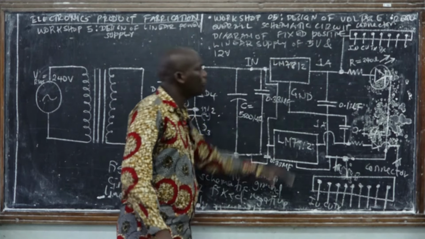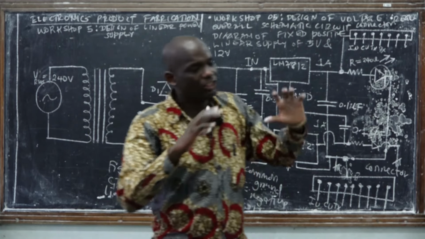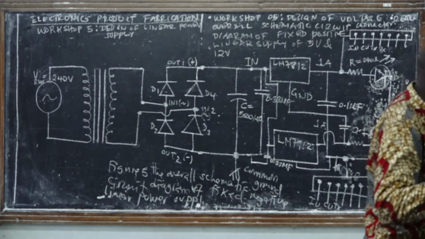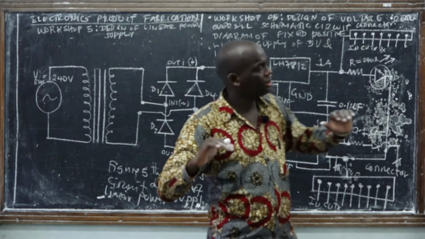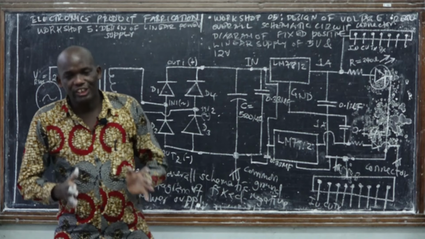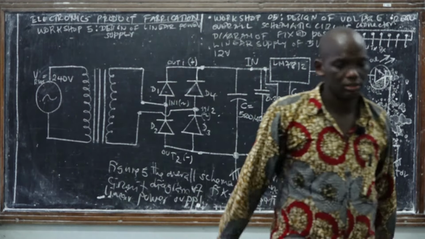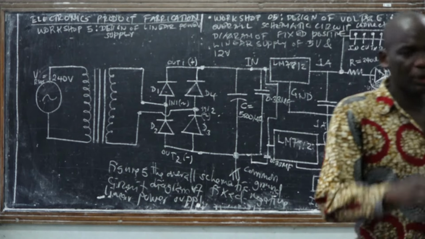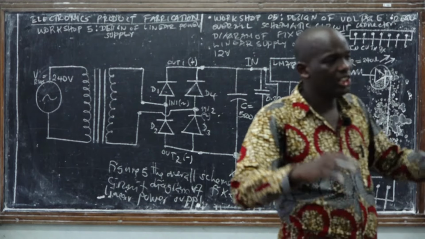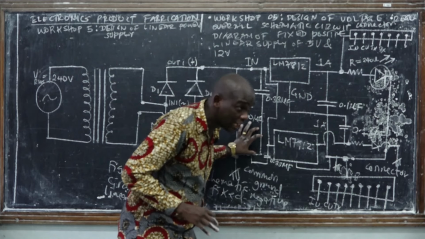So from this principle of connecting voltage regulators in parallel, you get an understanding of the concepts of designing a linear power supply that can power even any system that needs more than 3 ampere. The principle is just that you have to connect the voltage regulators in parallel. Okay?